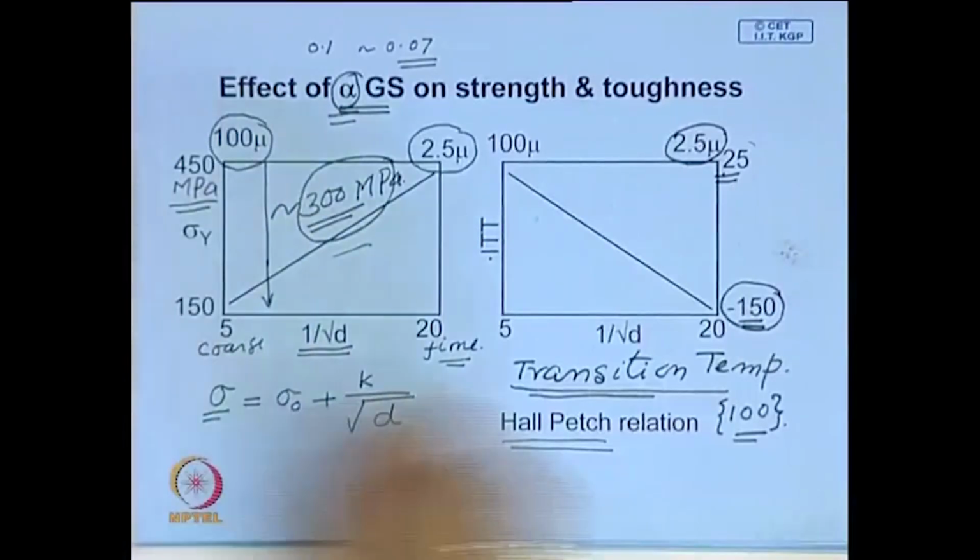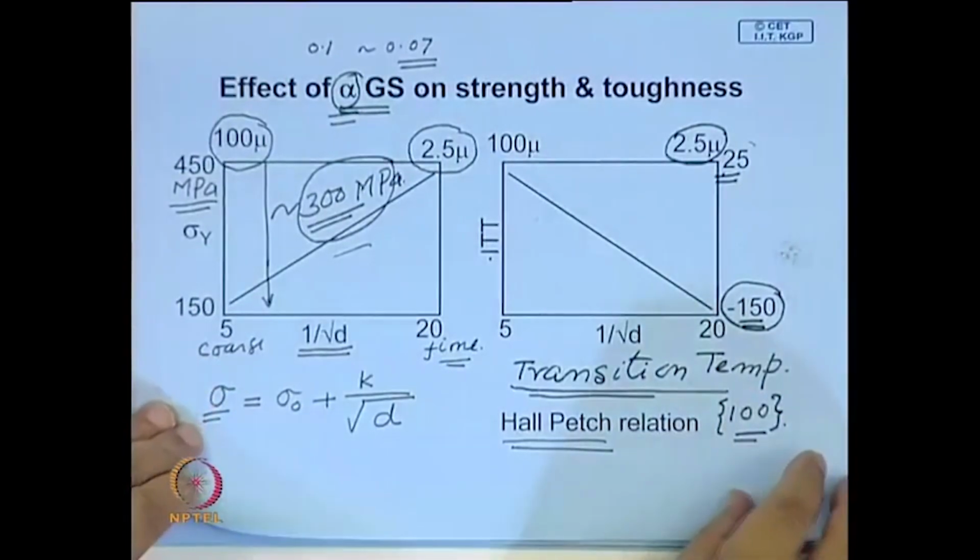So, if you have a fine grain steel, after welding also this should be fine grain, and that is why there is a major incentive in lowering the carbon content and maintaining a fine grain structure.